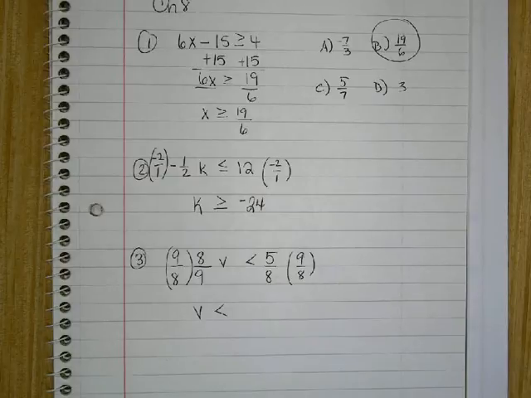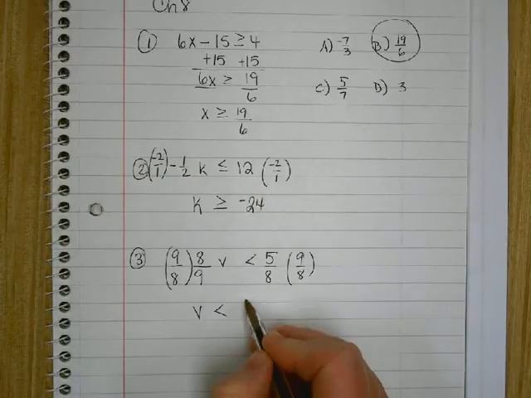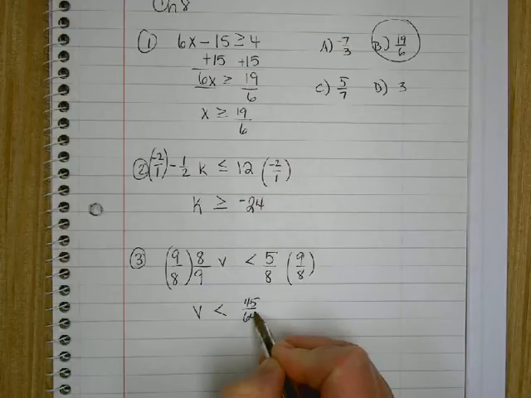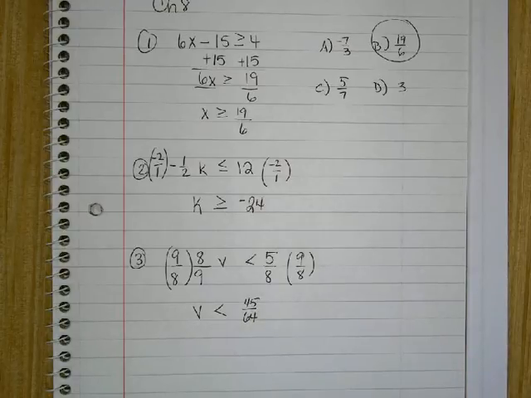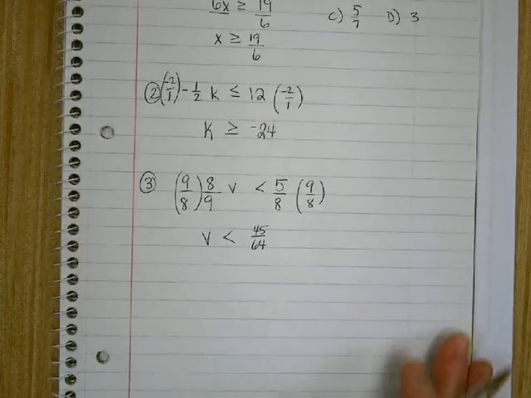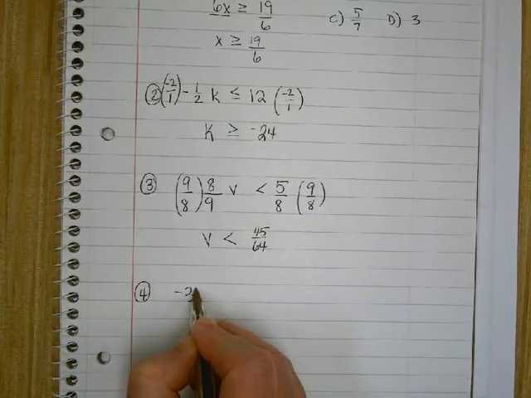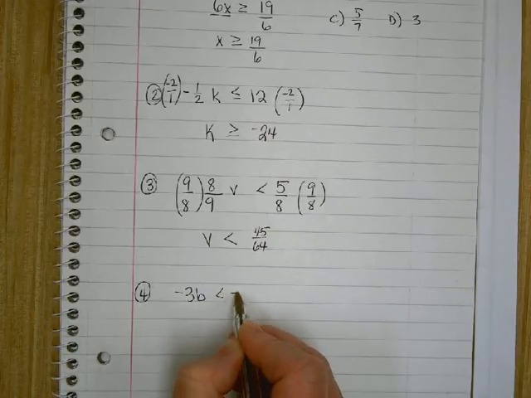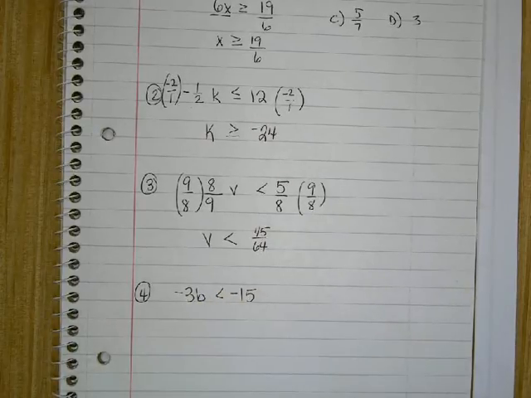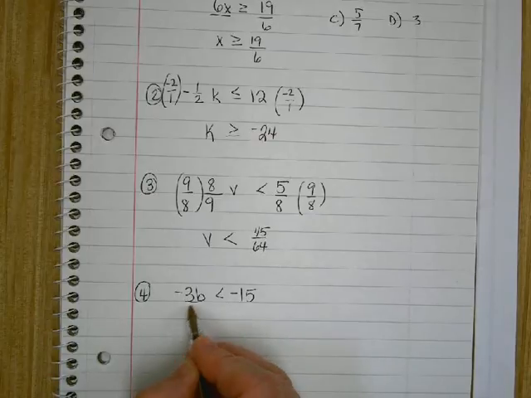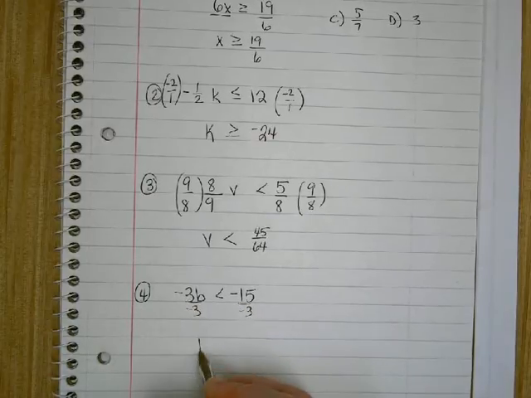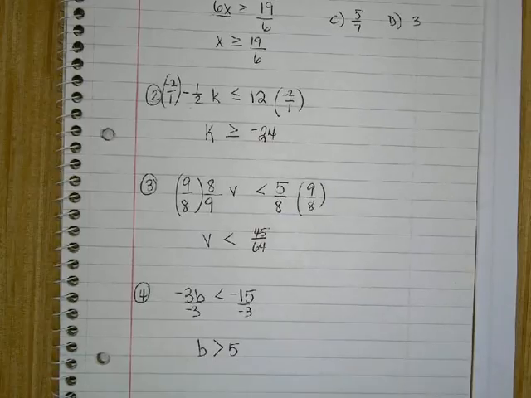What happens on the other side? 45 over 64. And that is my answer. Number 4. Negative 3b is less than negative 15. What do you do to this problem? Divide by negative 3. Greater than 5. Any questions on 1, 2, 3, or 4?